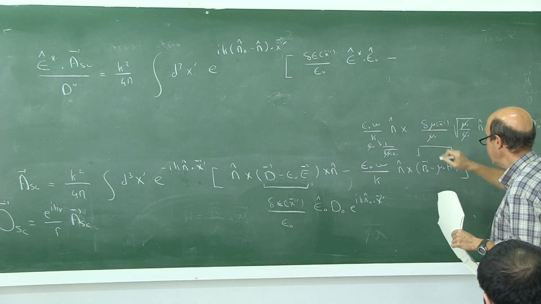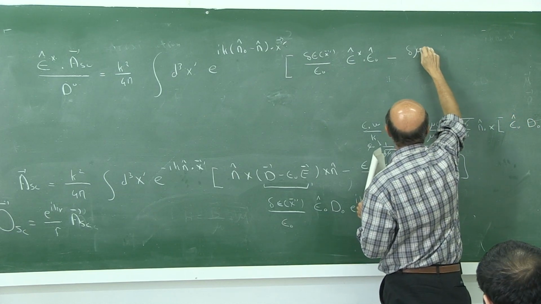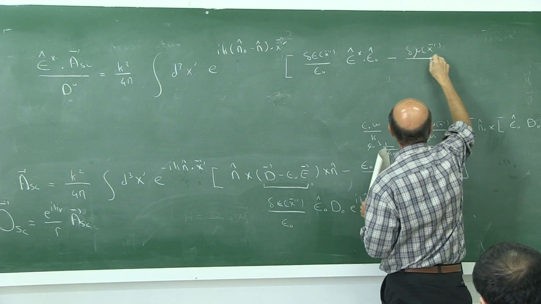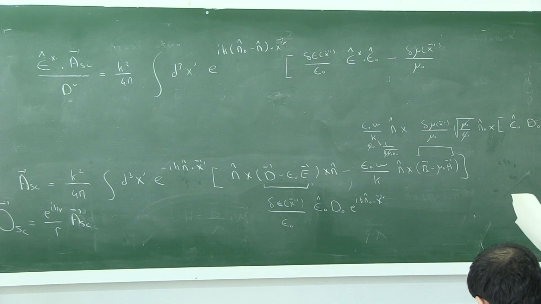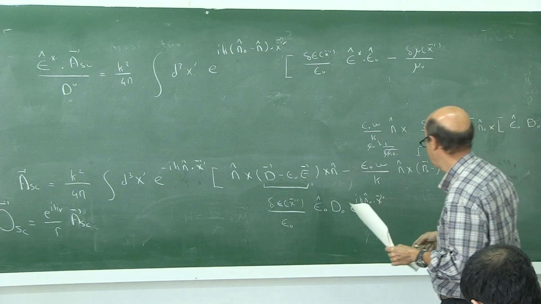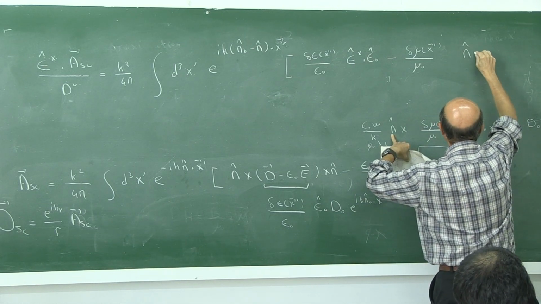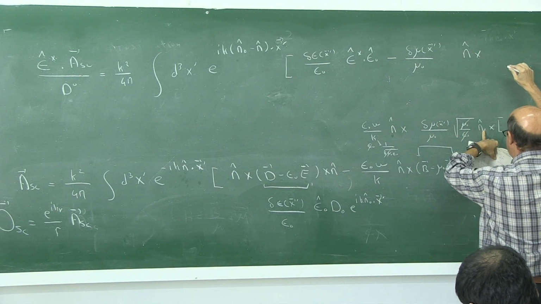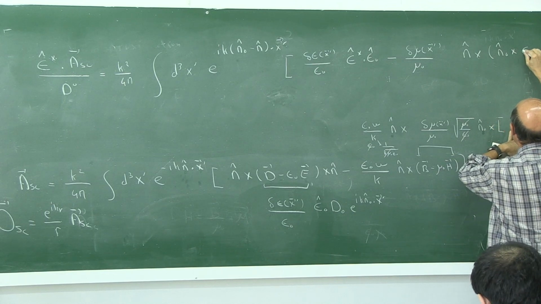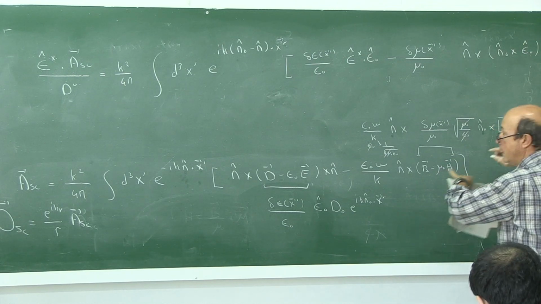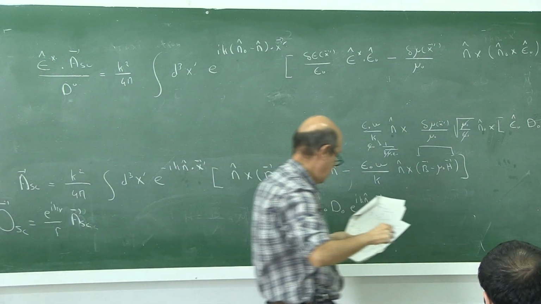Then variation in the magnetic permeability over mu 0. And I have what? n cross n0 cross epsilon 0, and this vector should be dotted with epsilon complex conjugate.